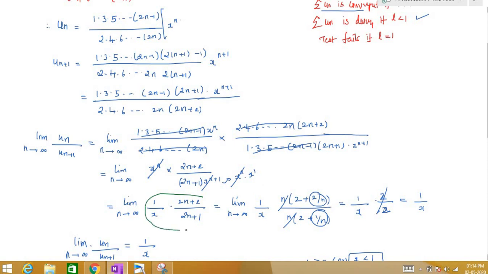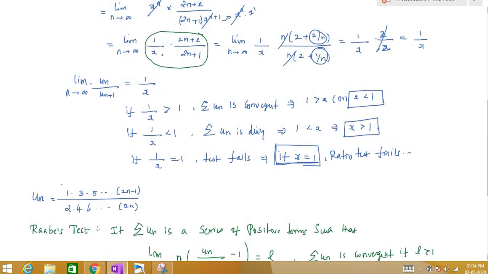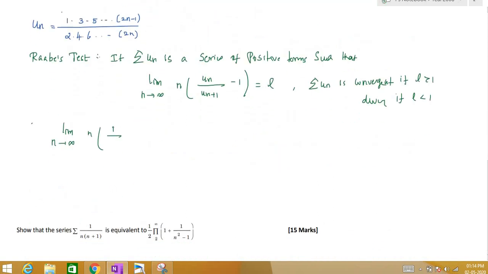Before applying the limit, we find un by un plus 1. Since x is equal to 1, we don't have x here. So it is 2n plus 2 by 2n plus 1, so 2n plus 2 by 2n plus 1 minus 1.